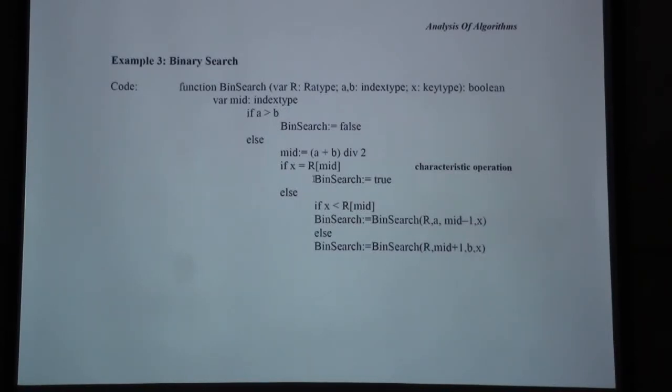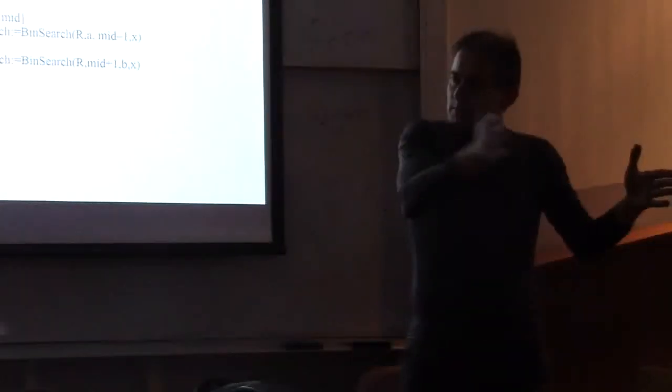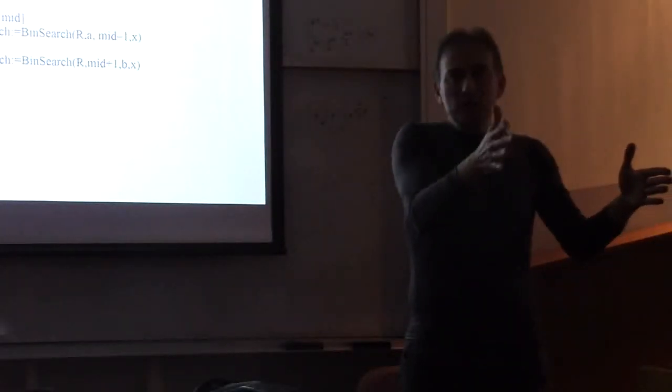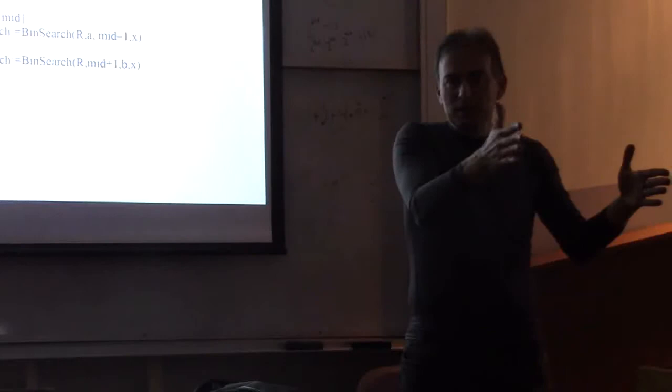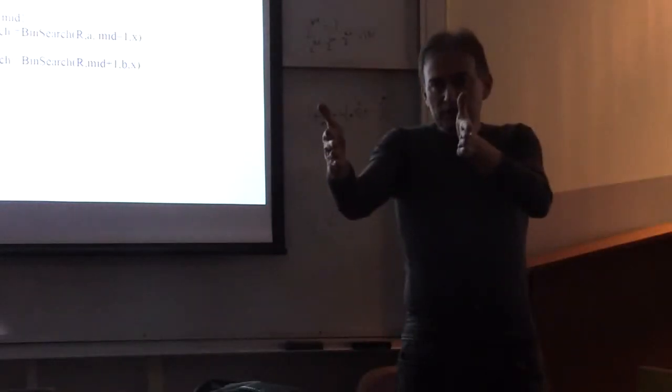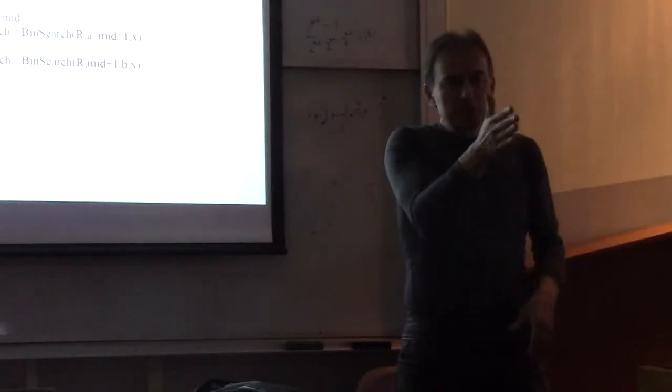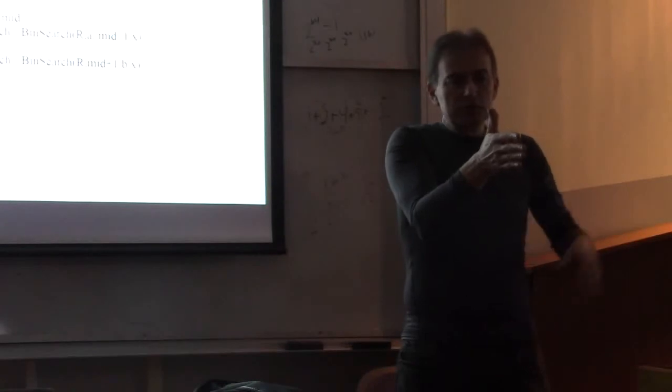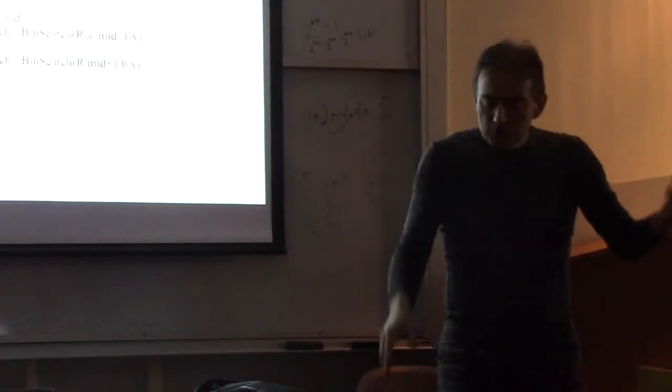But if we don't return true, it means that it's not a match in the middle. Well, if it's not a match in the middle location, and our array is assumed to be sorted, then if the value we're searching for is less than this middle, we should only search to the left of that. But if the value we're searching for is bigger than this one, then we should only search from the right-hand side. So therefore, we're going to bin search.